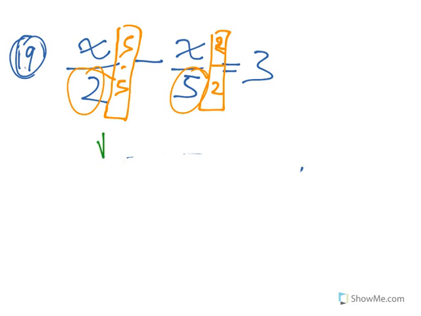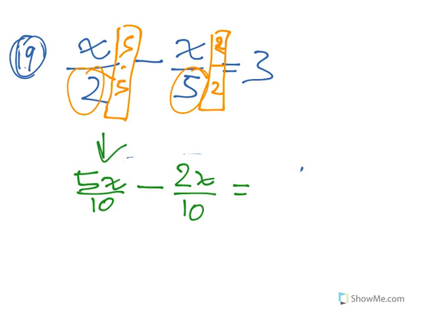So now this fraction, x over 2, becomes 5x over 10. And this one becomes 2x over 10, and it equals 3. And this is basically the same as writing 5x minus 2x over 10 equals 3.